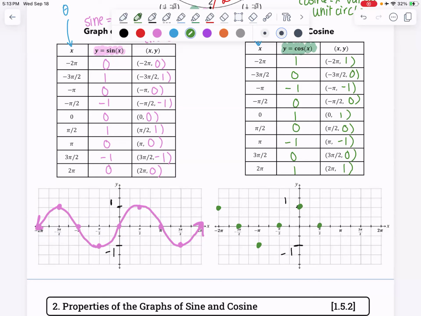Pi comma negative 1. 3 pi/2 comma 0. And 2 pi comma 1. And then you just pretend you're an artist. Oh, that was not a great one. And look at that. So right here, this is the graph of y equals sine x, and over here, this is the graph of y equals cosine x.